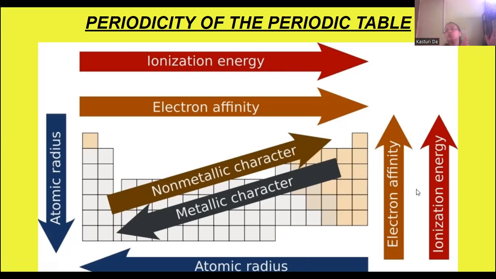That is, the element tends to lose its metallic character and tends to become non-metallic. Even the non-metallic character increases when we move from left to right in the periodic table. It starts becoming non-metallic as we move from left to right.